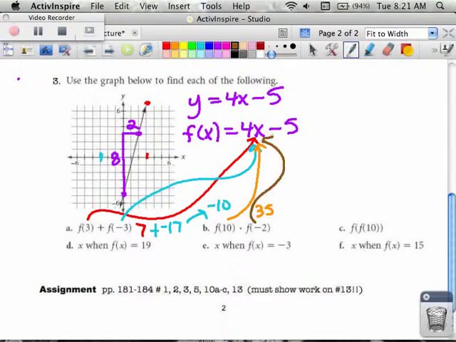So 4 times negative 2 is negative 8. Negative 8 minus 5 is negative 13. So I'm multiplying 35 and negative 13. That is negative 455.